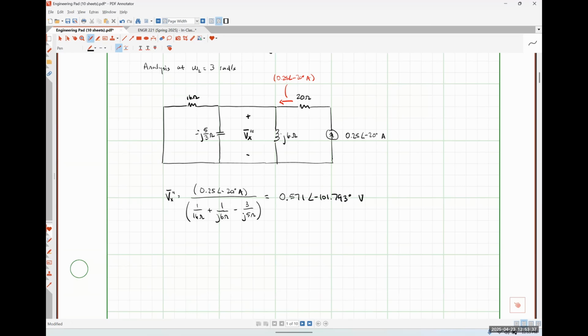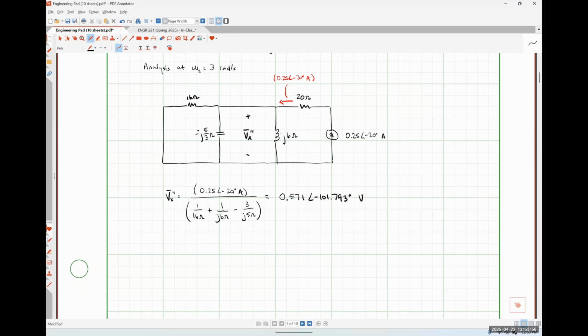For what it's worth, I'm just going to point this out to you all: what we just did there is effectively Ohm's law using admittances, because all three of those things are connected in parallel. So just as a heads up.